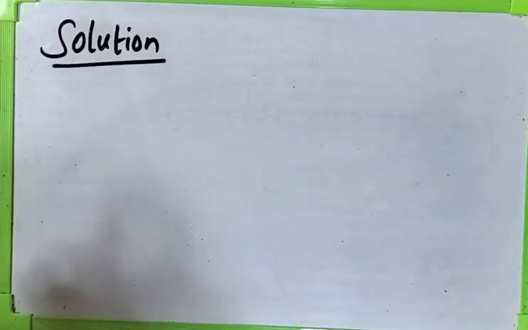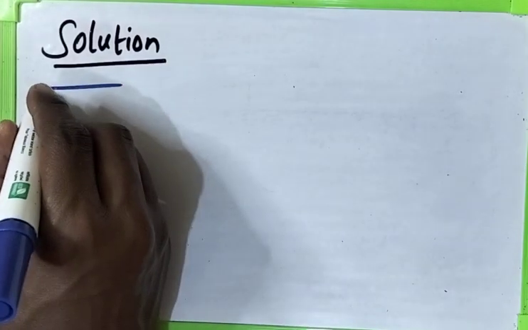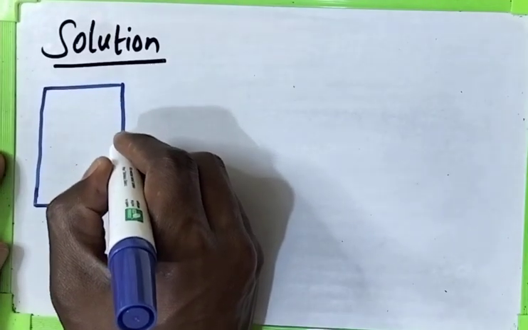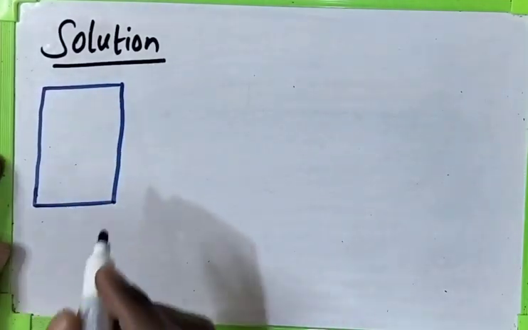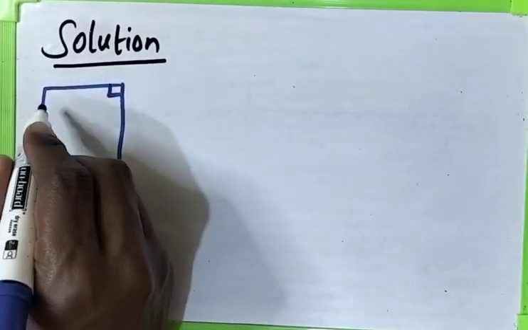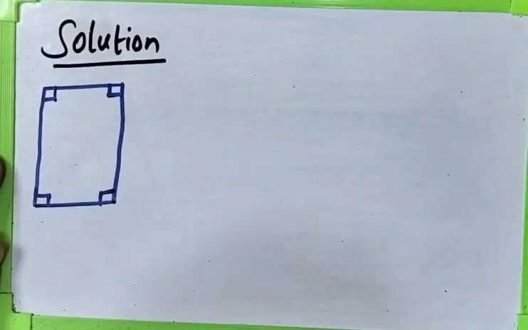In solving this, we'll first of all sketch that rectangle. We can have a small sketch of that rectangle, and we know these are 90 degrees at all four corners.